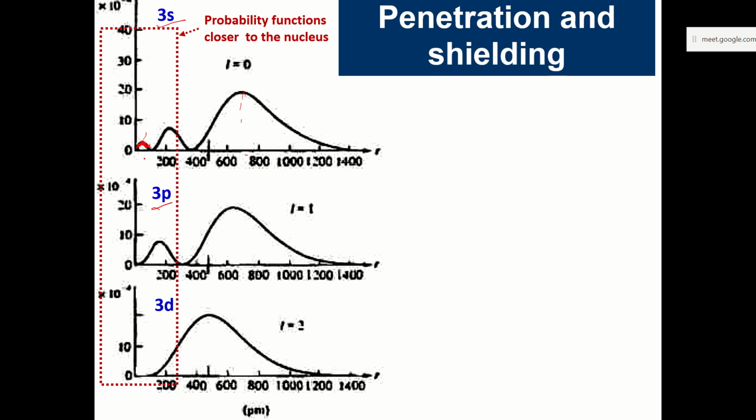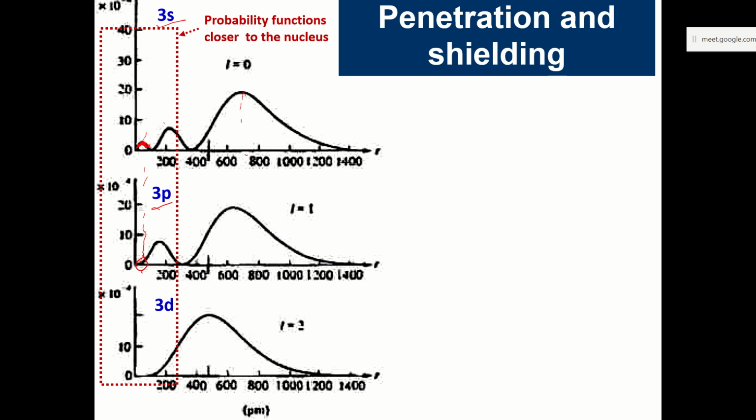At that same point, the 3p is zero. Look here, this is zero, and so it has less probability. The 3p electron has much less probability of being found in the vicinity very close to the nucleus.